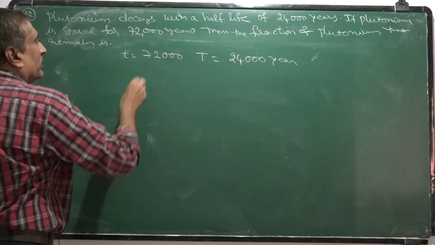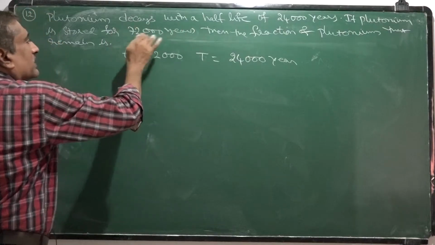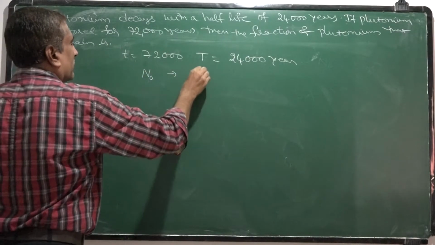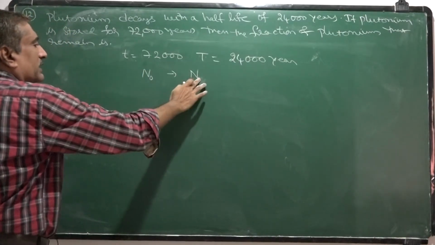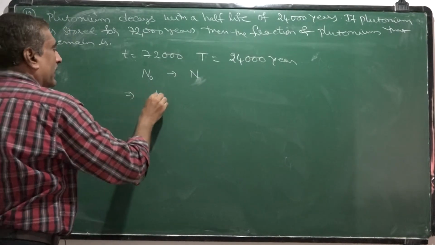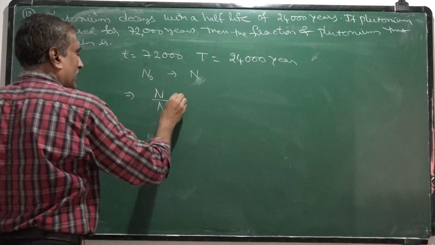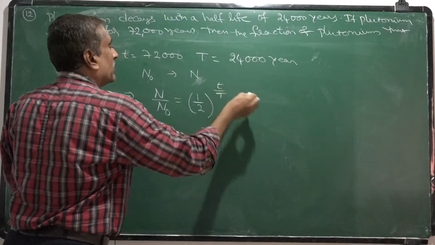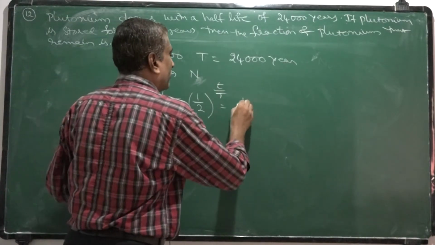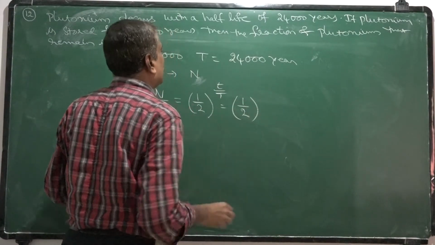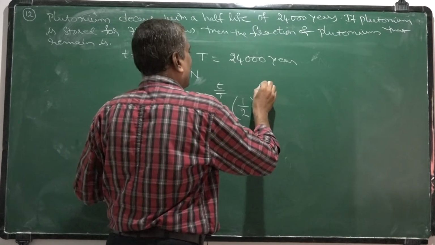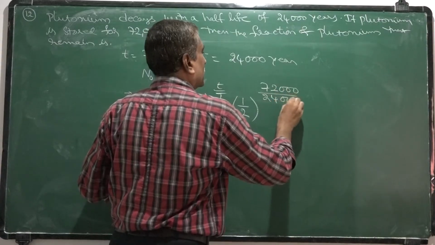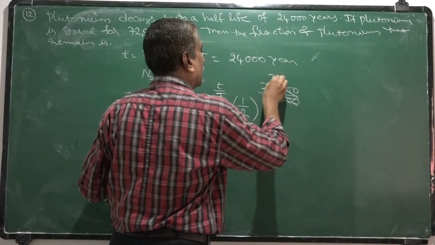Okay. Now it is stored for this many number of years. Then the remaining, suppose initially it is N0. After 72,000 years it is N. Then the fraction is N by N0. We have that relation, N by N0 is equal to half to the power small t by capital T. That is half to the power 72,000 by 24,000 years, that is 3.